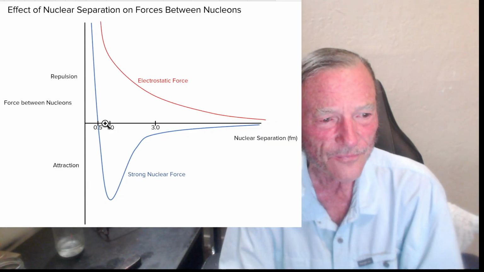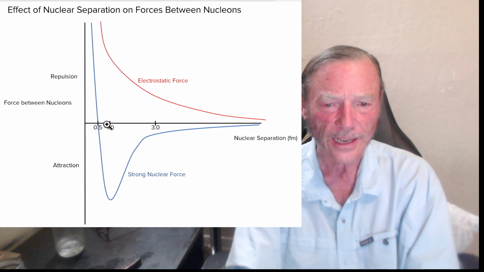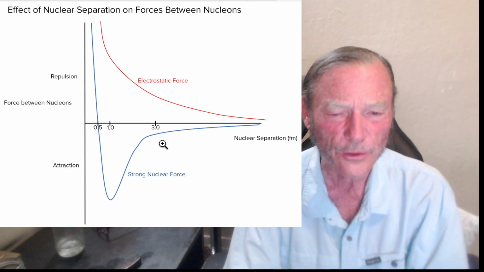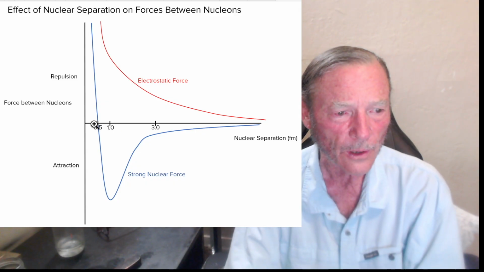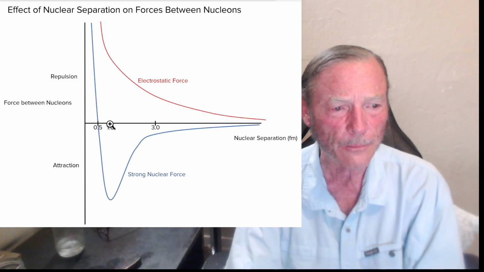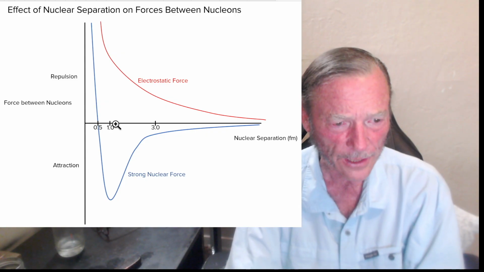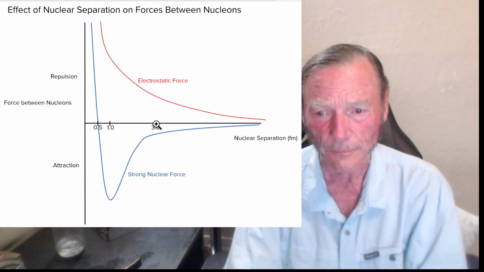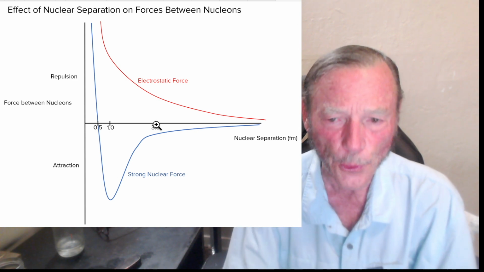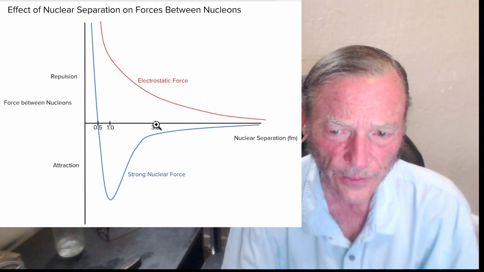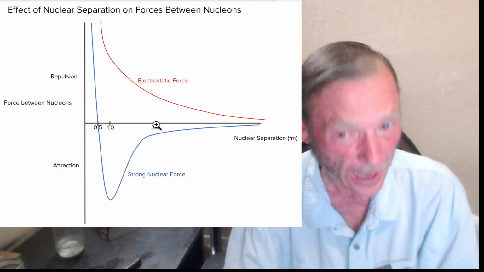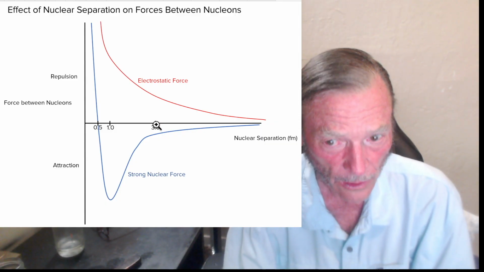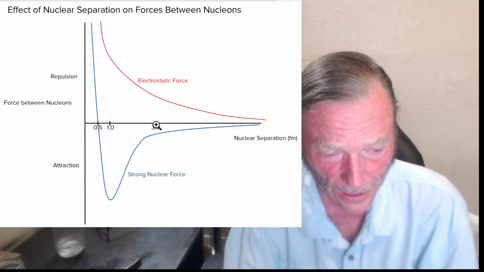All right. You'll see that this is hatched. Maybe you can't see that, but don't worry. I'll tell you. This is half a femtometer. This is a femtometer. This is 3 femtometers. That's 3 quadrillionths of a meter. That's an actual physical measurement that has been made.